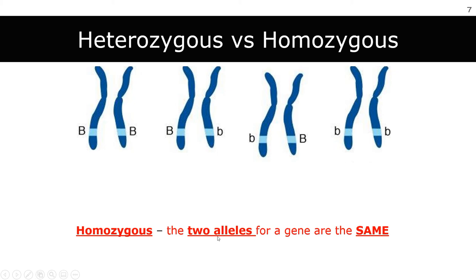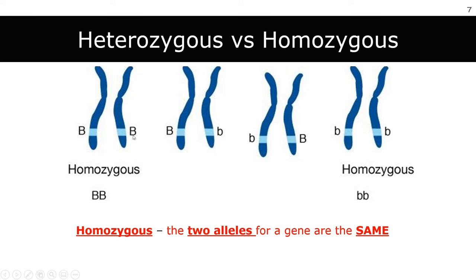If you're homozygous, it means that the alleles are the same. We'll represent these by uppercase letters. So in this case, this is a homozygous genotype because it has two uppercase B's, and over here this is still two copies of the B gene, but it's just a different allele. So this is going to be homozygous little b little b.